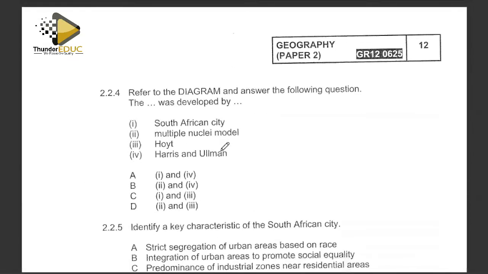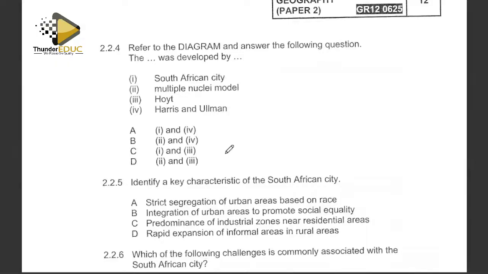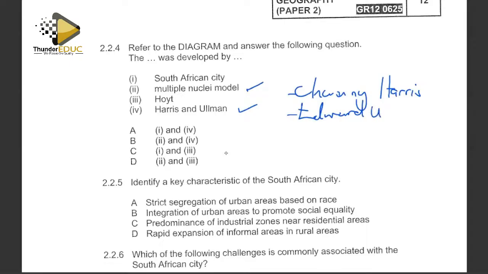Refer to the diagram and answer the following questions. This model, the model of the multiple nuclei, which is also known as the Harris-Ullman model, was developed by Chauncey Harris and Edward Ullman in 1945.